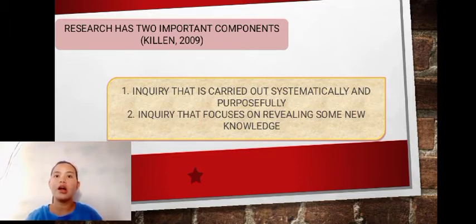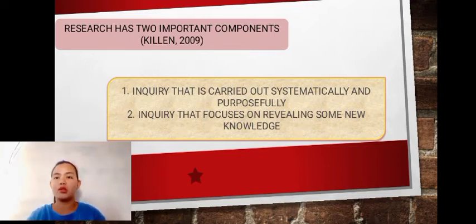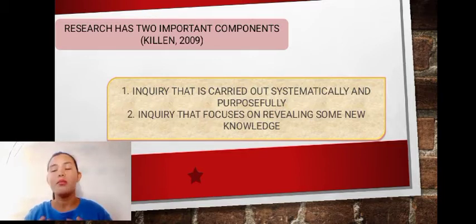In research, there are very important steps. First, there must be a clear purpose. So when we are doing research, we must have a purpose, a goal to achieve. We must formulate questions that can be answered.